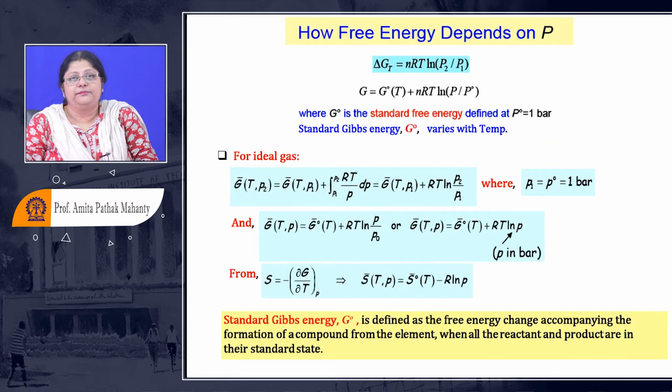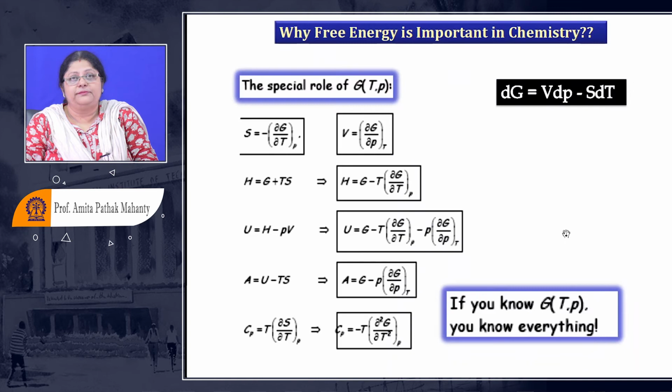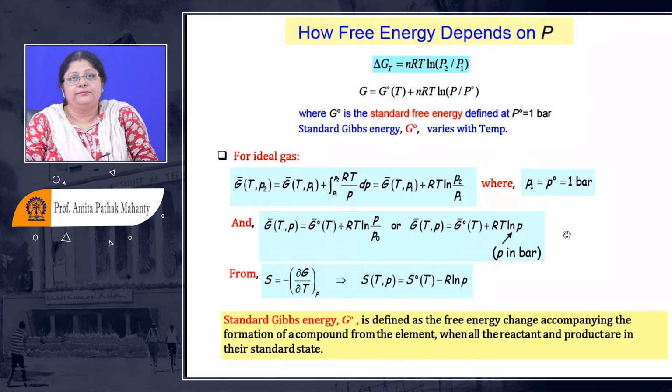Now, this is the equation I was talking about. At times we write the delta G in terms of delta G naught plus RT ln P. This does not mean that the denominator P is not existing. Denominator P being 1, it is going to be ignored.